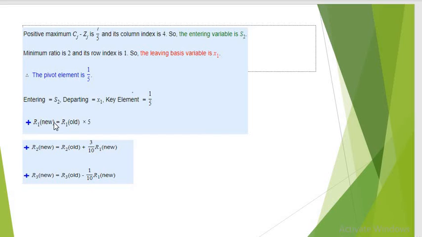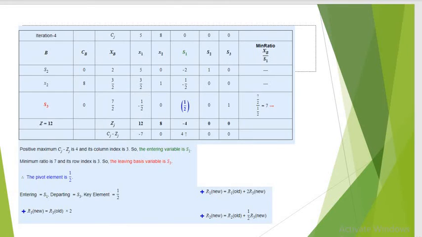The new elementary row operations are new R1 equal to old R1 into 5, new R2 equal to old R2 plus 3 by 10 into new R1, and new R3 equal to old R3 minus 1 by 10 into new R1.